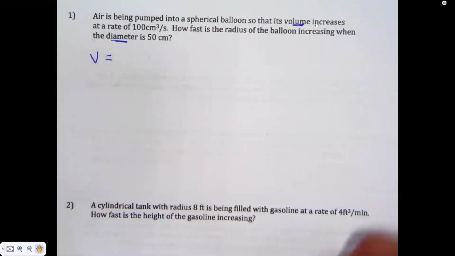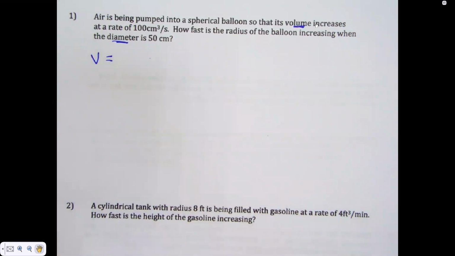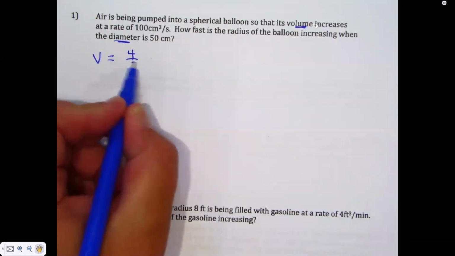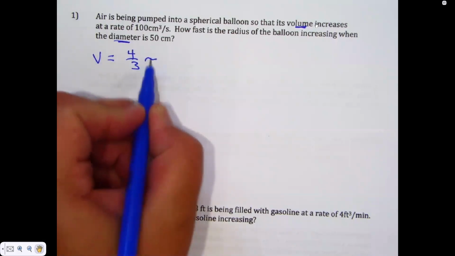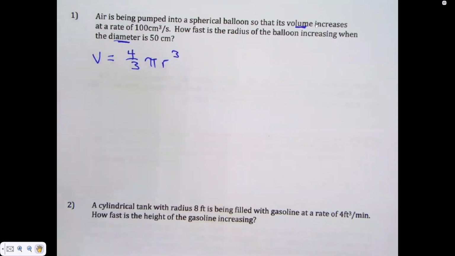Volume is equal to, for a sphere, 4/3 pi r cubed. Do you see how this one formula or equation involves volume and radius or diameter? Because we can always adjust diameter to radius. So we found the one equation that shows how they're related, volume and the radius.